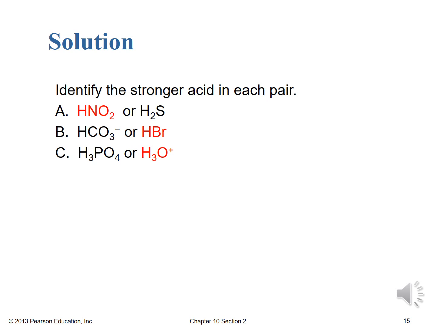Obviously, the strong acid is stronger, so that one would be fine. And then finally C, if you caught it, I did mention that H3O plus is how we tend to get our strong acids in solution, so hopefully you caught that and understand that would be stronger than H3PO4. Again, if you're having trouble, please do try some additional problems or certainly reach out to me for some help.